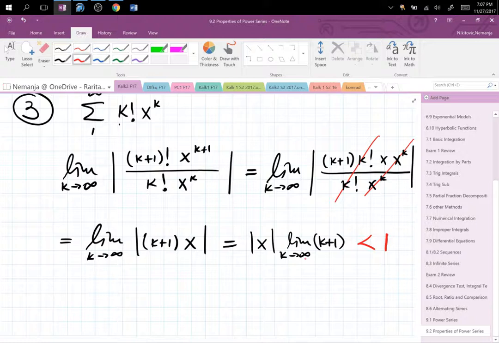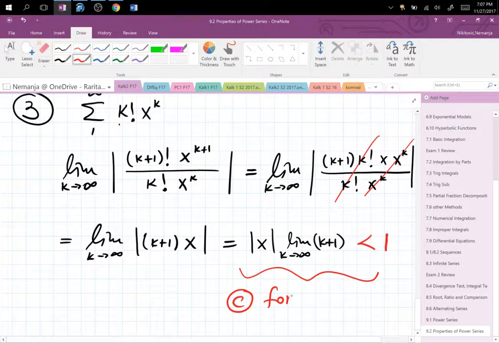So what happens here is we are getting a convergence of a power series at only one value of x, at 0. So this one over here converges for x equals 0 only.